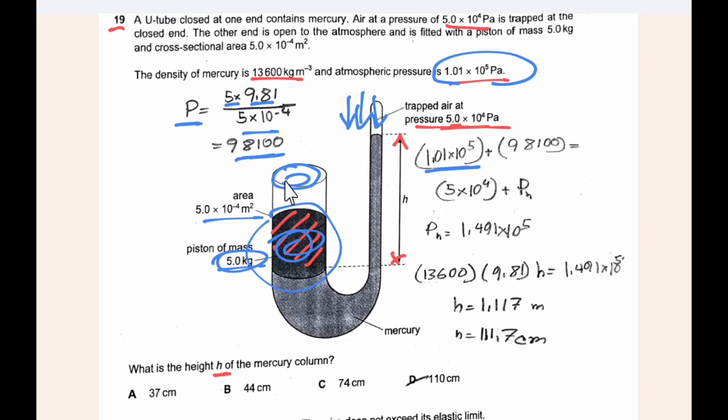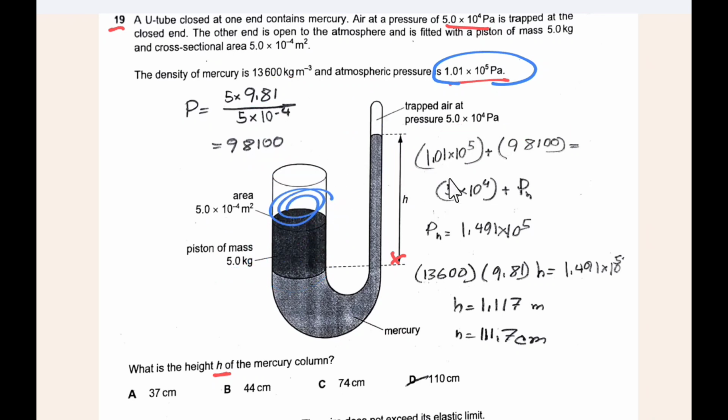So at this side there is the pressure of the atmosphere and the pressure due to the piston, and it is equal to the pressure of the trapped air, that is this pressure, plus the pressure due to the height of the mercury. So what is the pressure due to the height of mercury? That is 1.49 into 10^5.